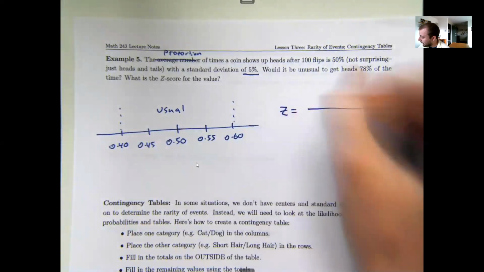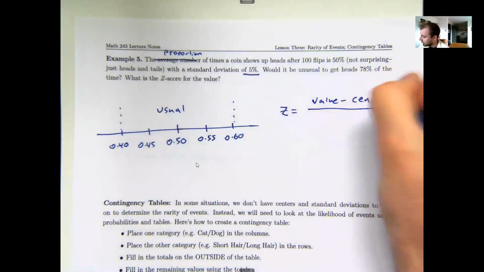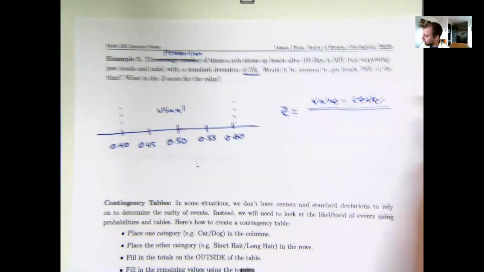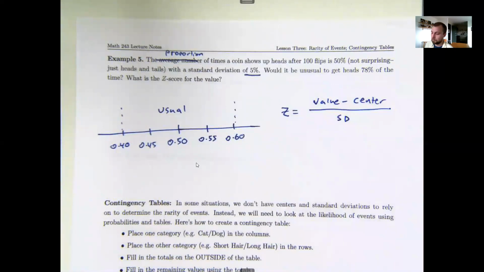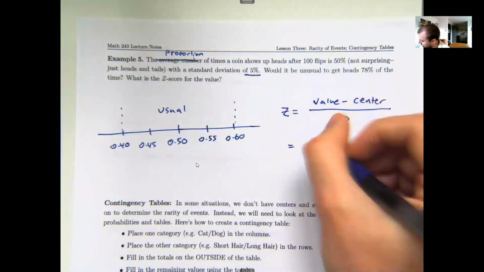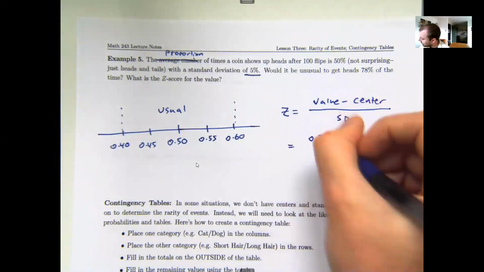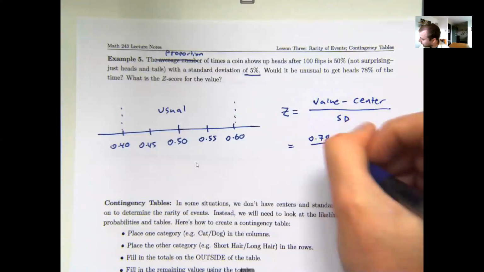We're going to take their value, subtract our average or our center from that, and divide this by what we're counting by, our standard deviation. So the value is 78%. Our center is 50%. And we are counting by 5%.